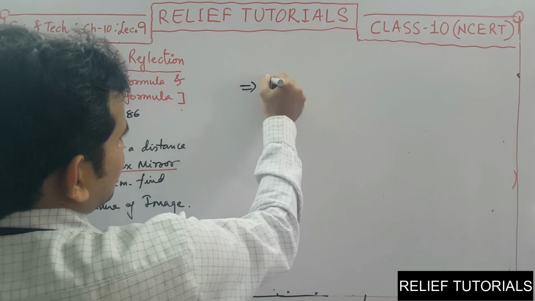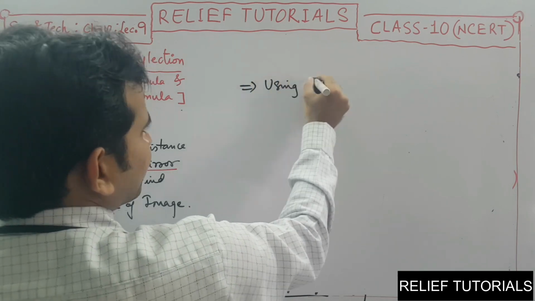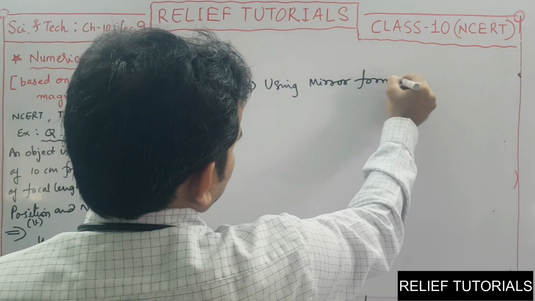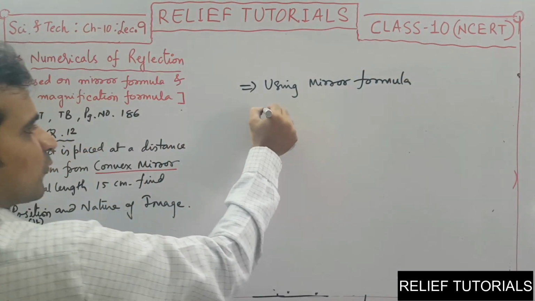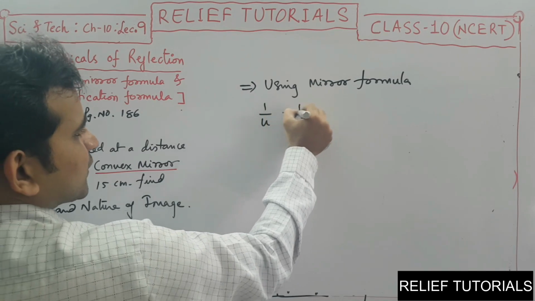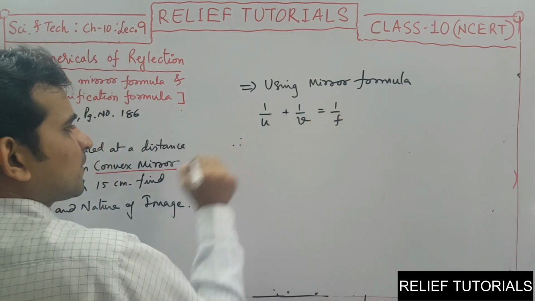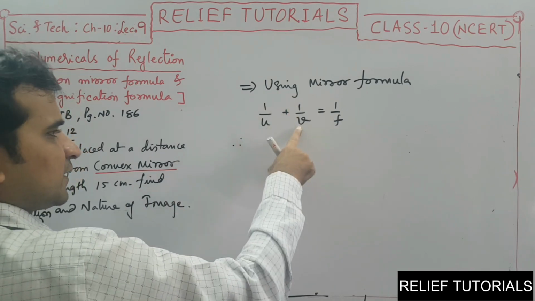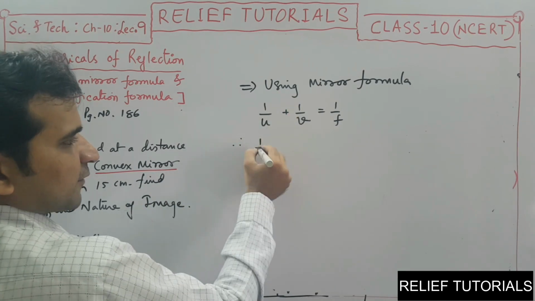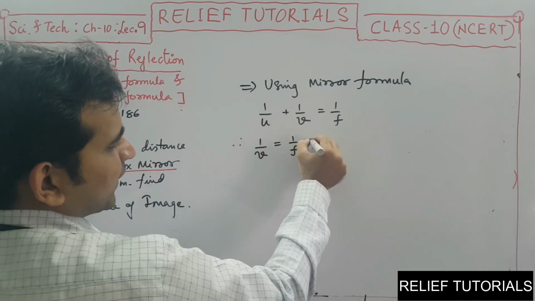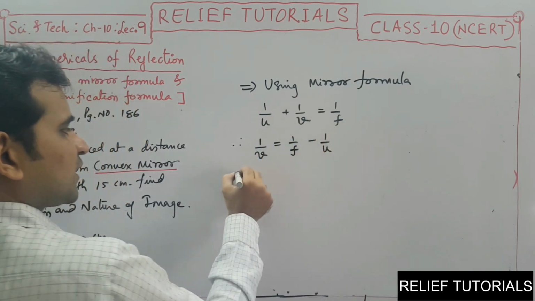Using the mirror formula, 1 by u plus 1 by v is 1 by f. What is missing here? v is missing. So we can first rearrange the formula: 1 by v is equal to 1 by f minus 1 by u.